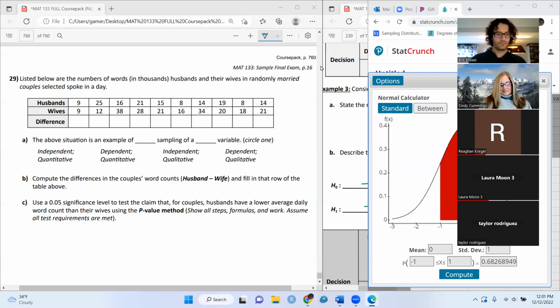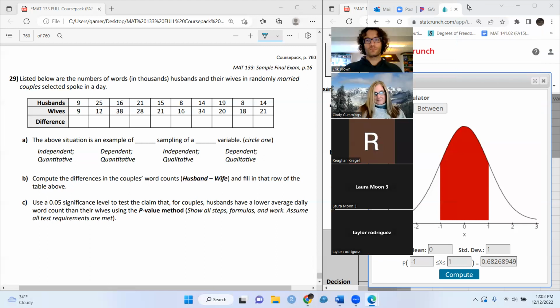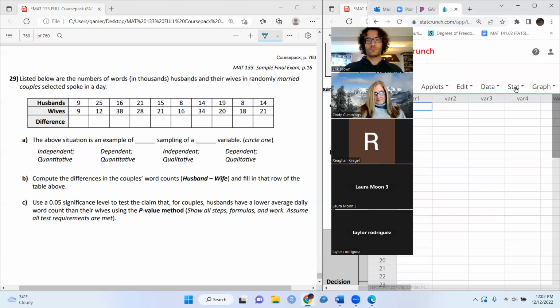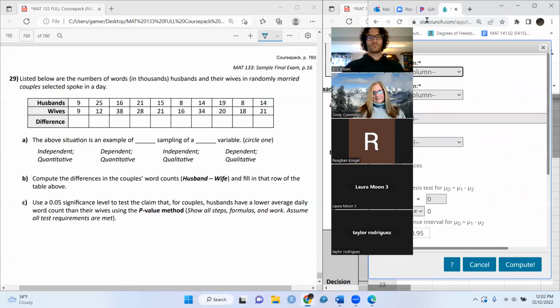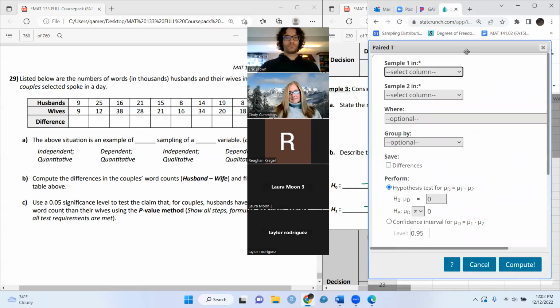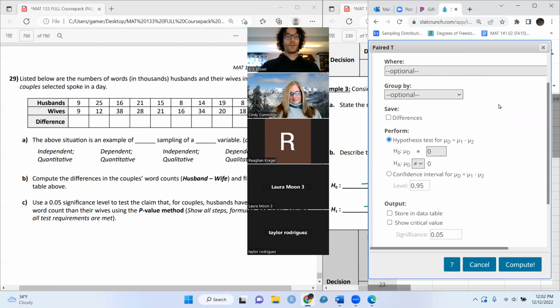So I guess I'll just put this in for a second. But then I go to T, because it's a mu, and then two samples or paired because it's dependent. Good. Okay. And then I do the hypothesis test, or the confidence level? Is it asking for a confidence interval, or is it asking to do a hypothesis test?